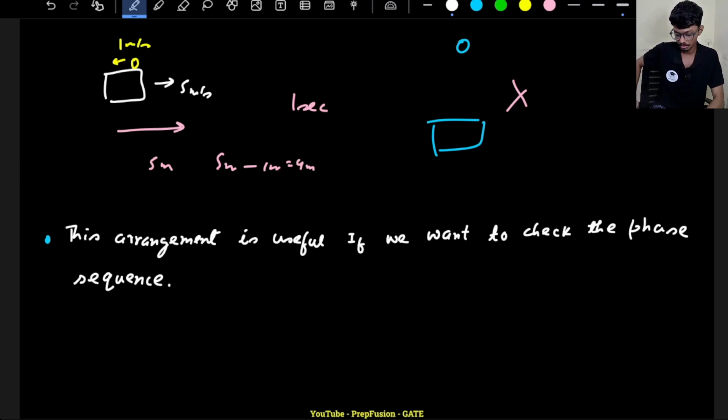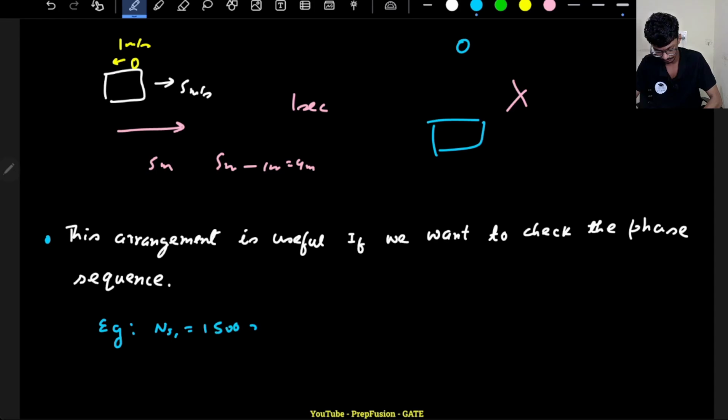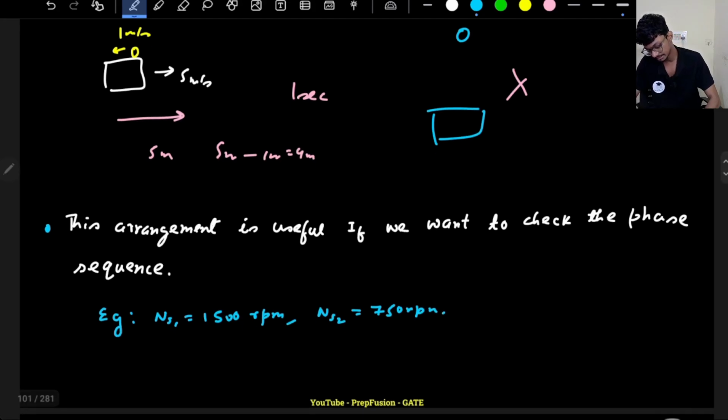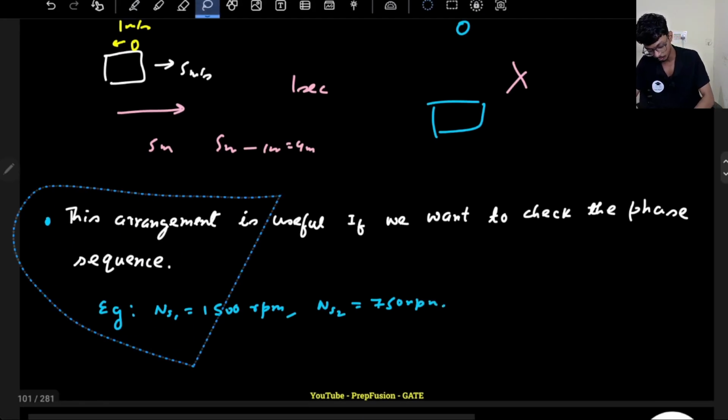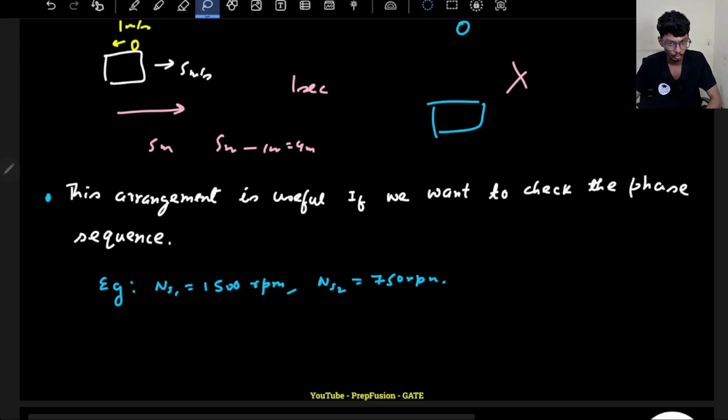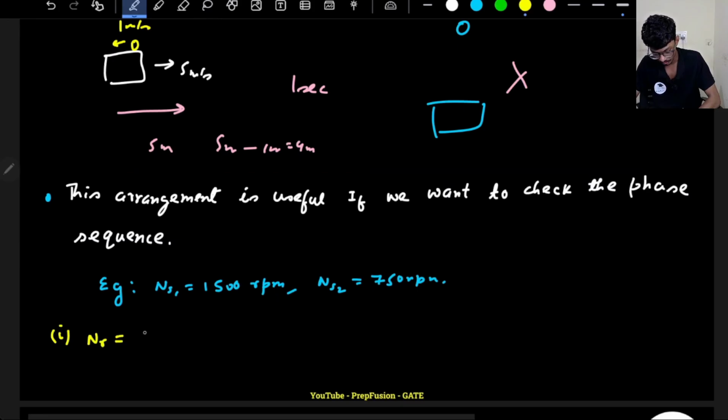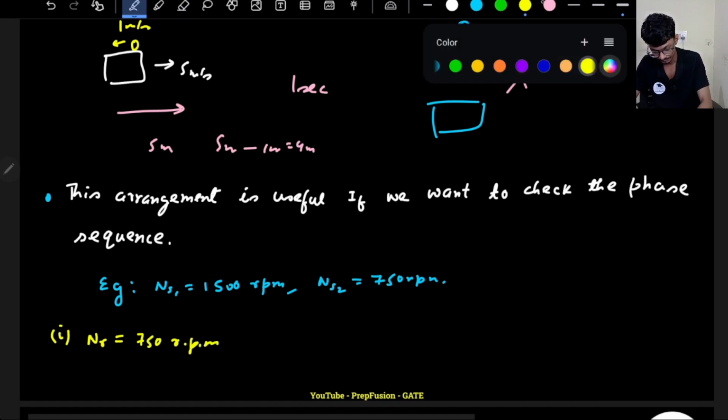How? Let's take an example where ns1 is 1500 rpm and the synchronous speed of the rotor will be 750 rpm. If I apply both the different supplies to the rotor and stator, and I observe that nr comes out to be 750 rpm, that means it is actually case 1.